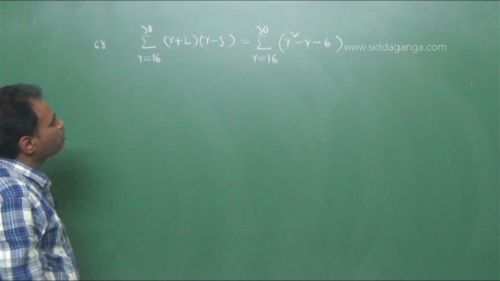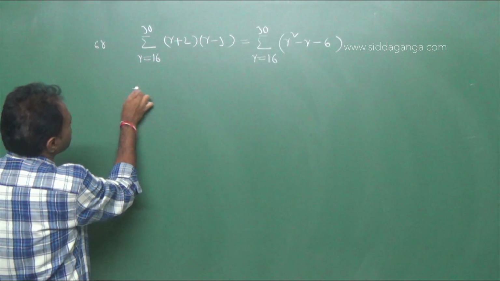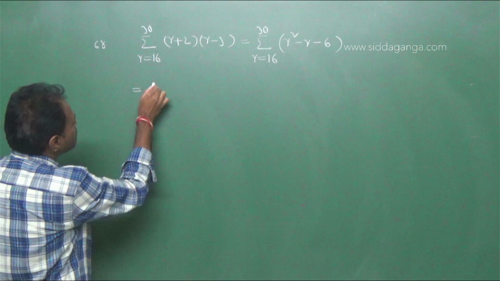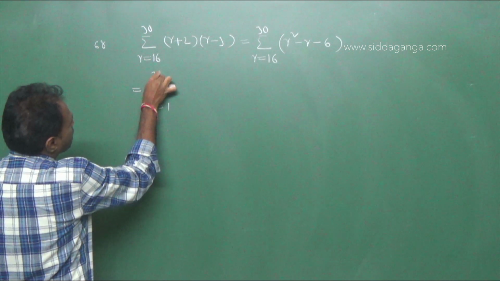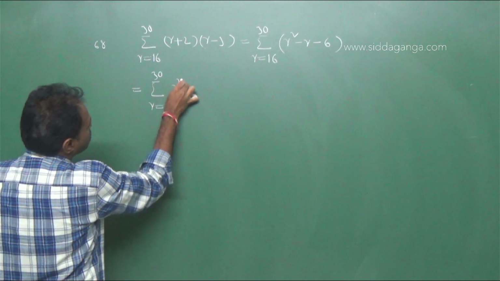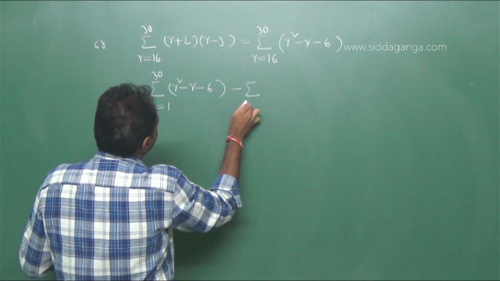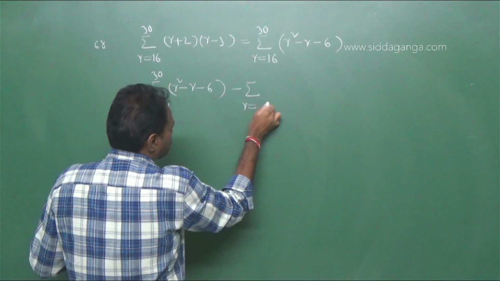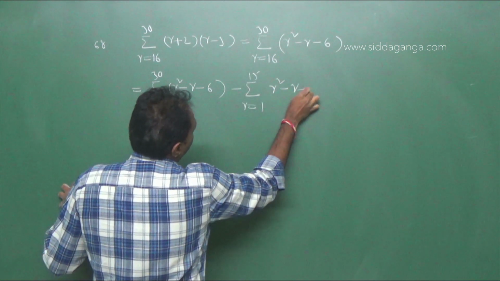Now we have to find sigma r equal to 16 to 30. This you can write as sigma r equal to 1 to 30 of (r square minus r minus 6) minus sigma r equal to 1 to 15 of (r square minus r minus 6).